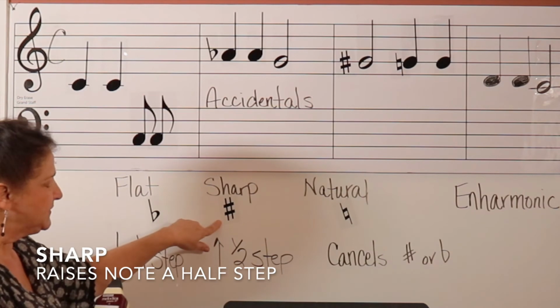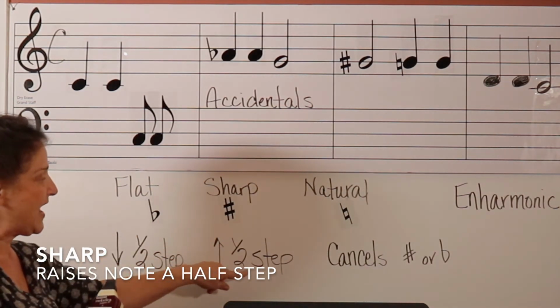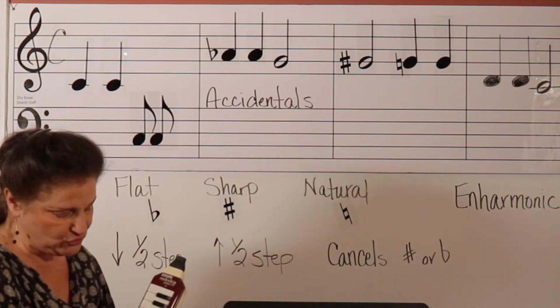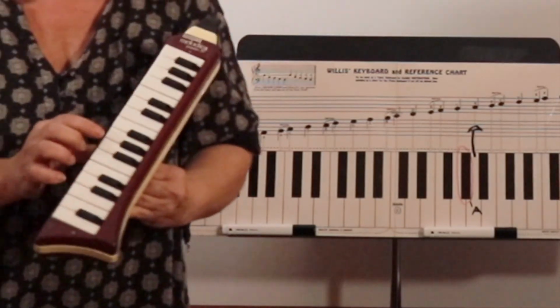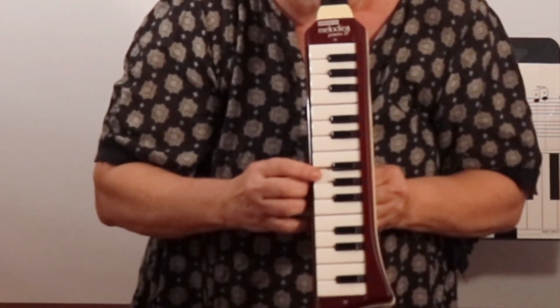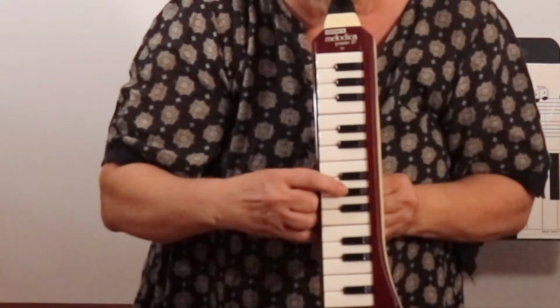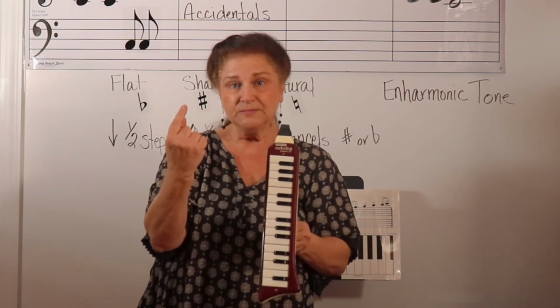A sharp looks like a hashtag, raises a note a half step. So if I have a G, which is this note right here, I put a sharp next to it. Here's the G. Here's the G sharp. So the pitch goes up by a half a step.